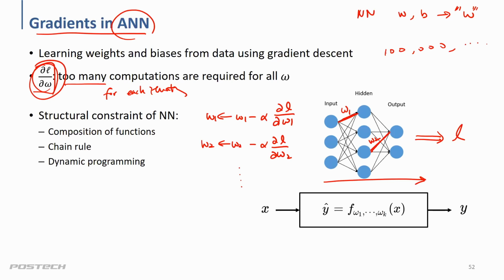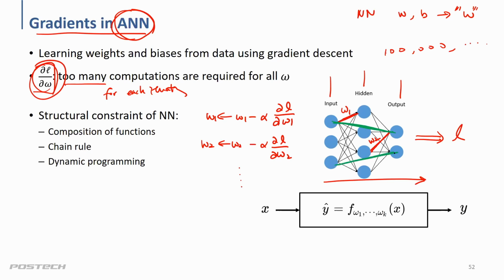Okay, so let me think about what's unique here. We are dealing with the unique structure of a multi-layer perceptron, or artificial neural net, which means we have layers. Right? There's no connection like this. We know that there's no connection like that.